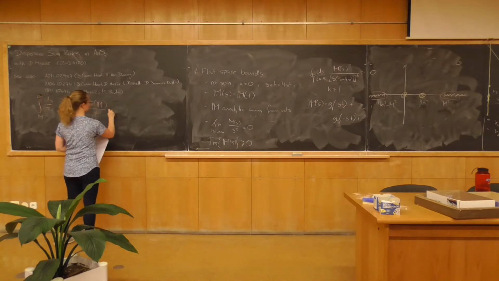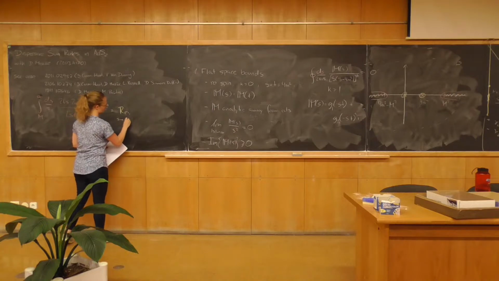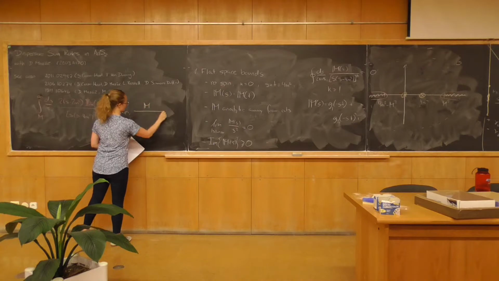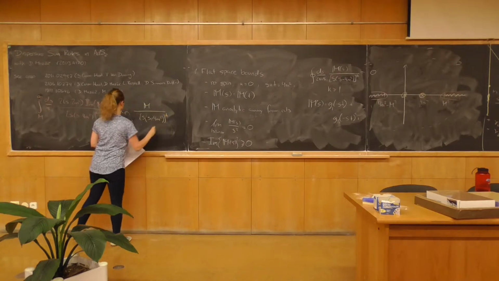And that is equal to a low energy part, which is just the residue at s goes to 0 and 4m squared, divided by something.